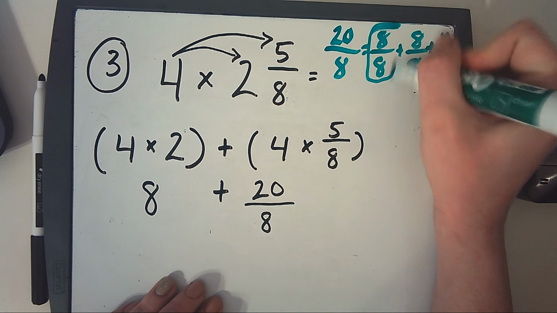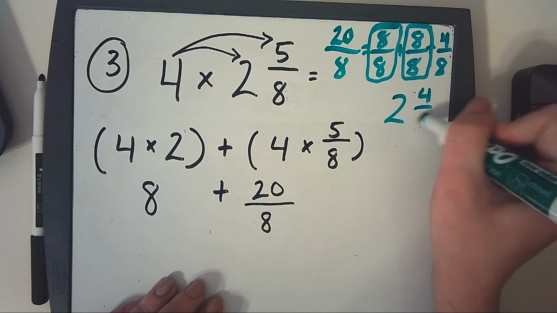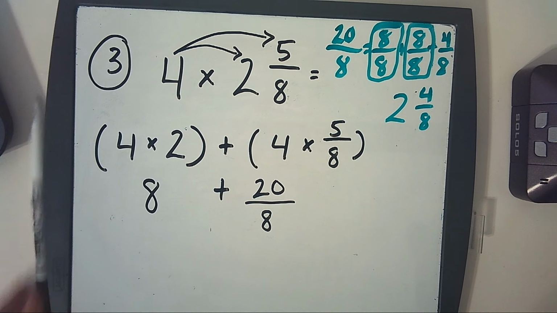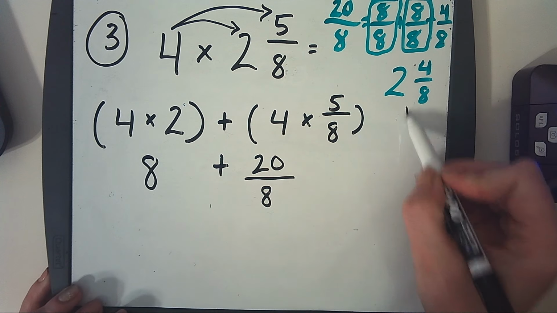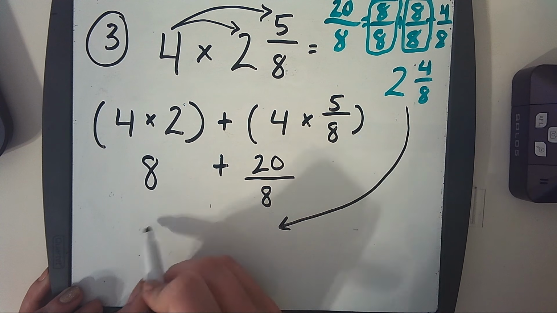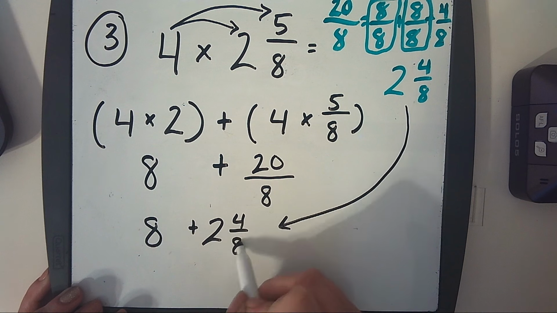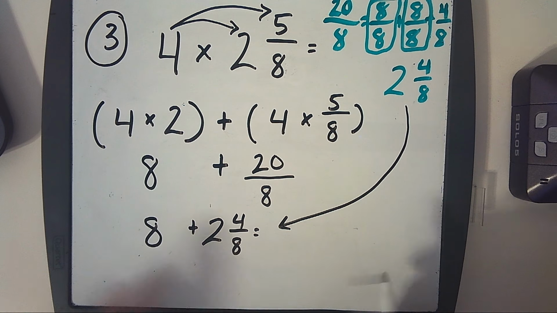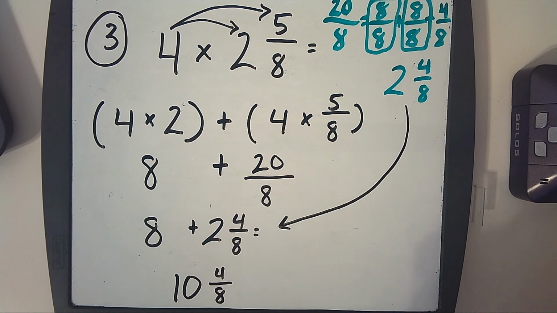So that means I can have 1, 2 wholes with 4/8 left over. So we change that 20/8 to 2 and 4/8. So it's kind of like you bring that over here. And now it's 8 plus 2 and 4/8, which ends up being 8 plus 2 is 10, with 4/8 left over.